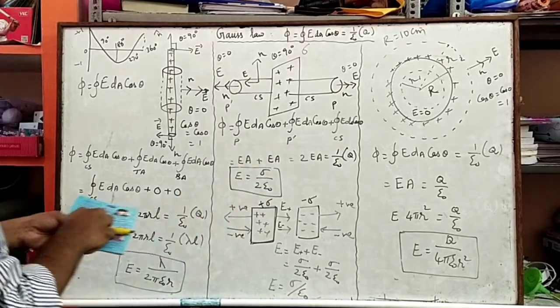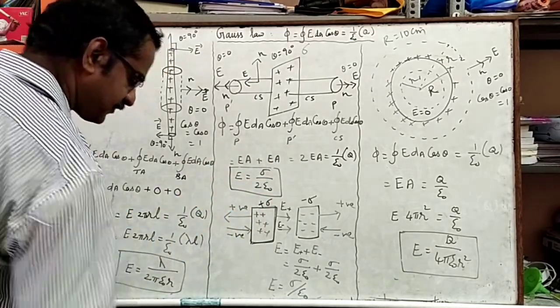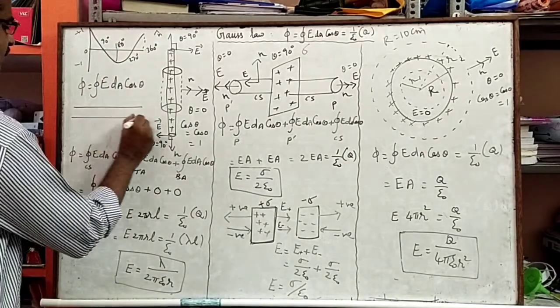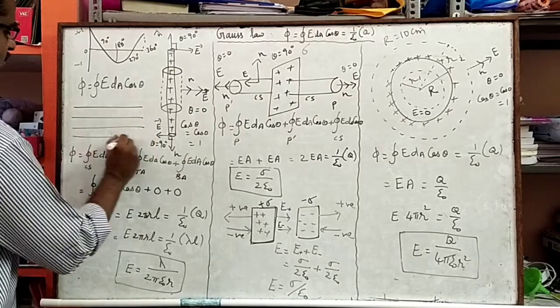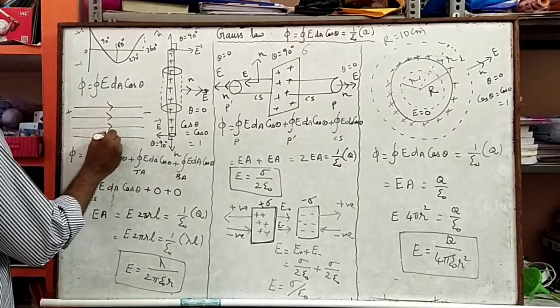Okay. For example, imagine this is electric field direction. This side positive, this side negative. You have the arrow marks like this.